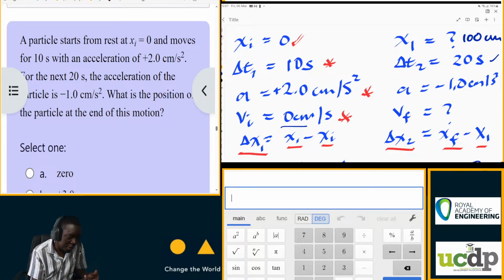And the acceleration there is 2 centimeters per square second. Then the initial velocity, because it starts at rest, is 0. That's a deduction that you always have to make. And then the displacement, while it carries out this motion in 10 seconds, should be x1, the displacement traveled, minus the initial position x0, or x initial. So that's why we have this.